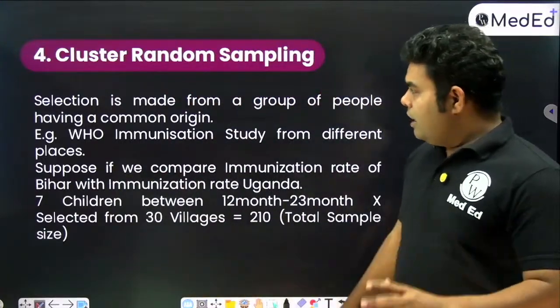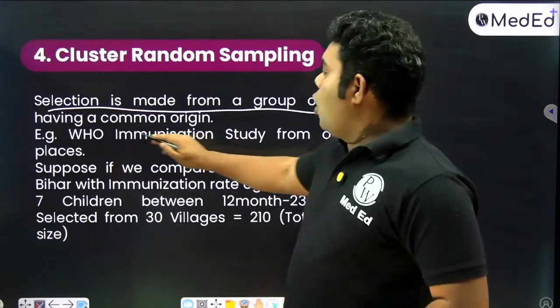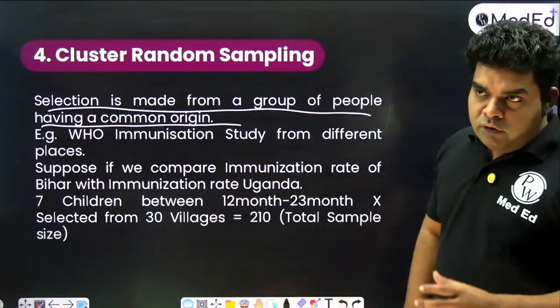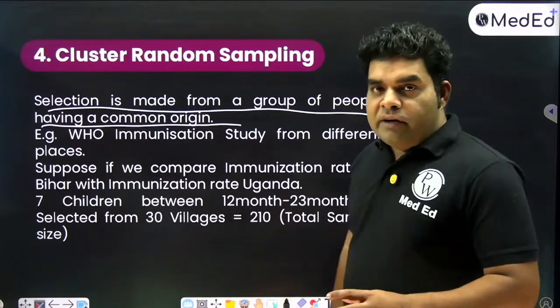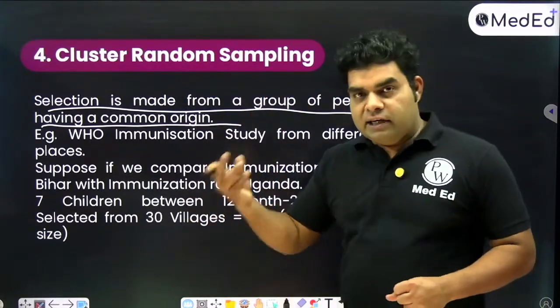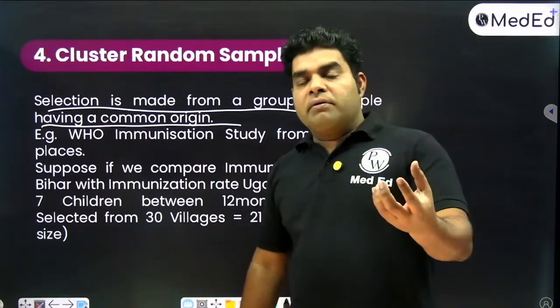Cluster is a group of people with common origin, whose origin must be common. For example, people living in Bihar or coming from Bihar have one cluster, one origin. People living in, let's say, Jammu Kashmir are common from their origin, Jammu Kashmir.